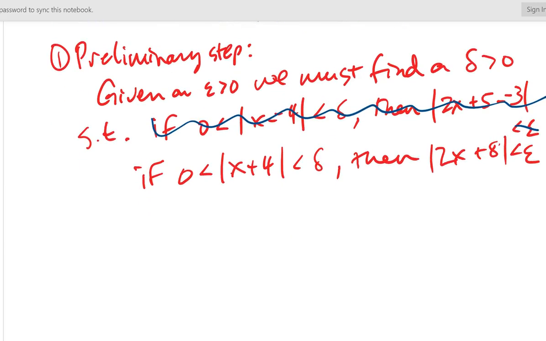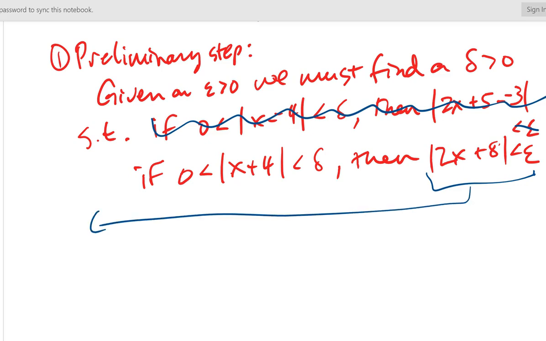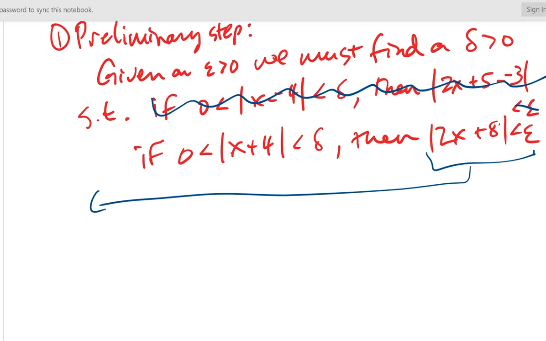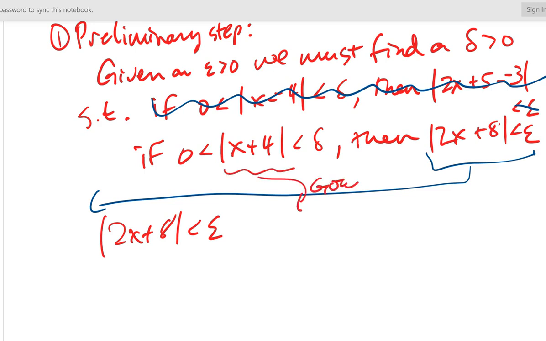All right, so the thing you do is you play around, you manipulate mathematically that last piece. So we start out with, well, let me do this in red. Say, okay, well, |2x + 8| is less than epsilon. Now I want to make it look like x plus 4. Okay, this is my goal.